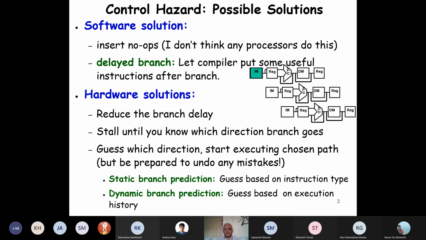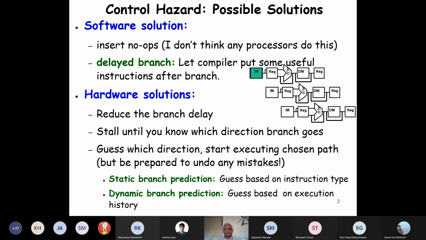The simple ones, known as static branch predictors, just look at the instruction type and predict. The dynamic branch predictors maintain an execution history of the instruction and predict based on that.